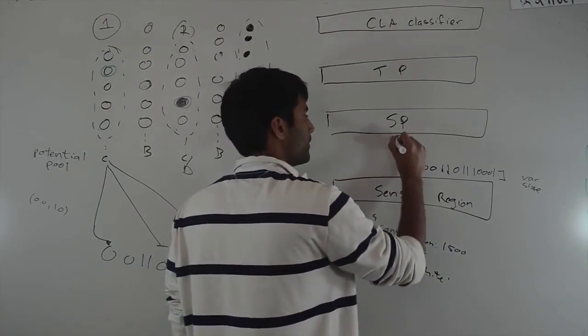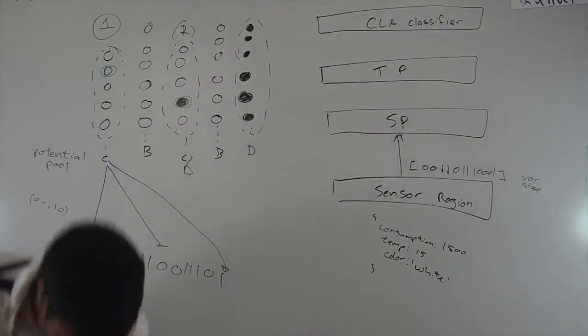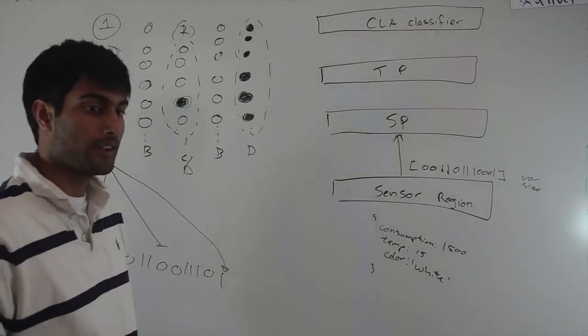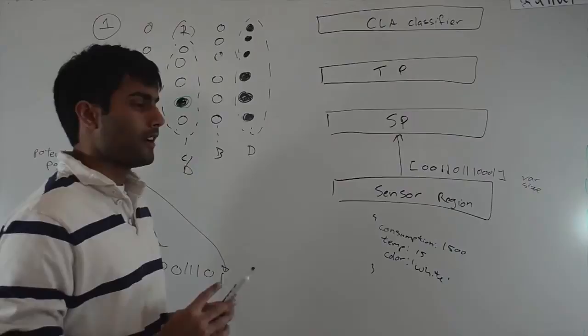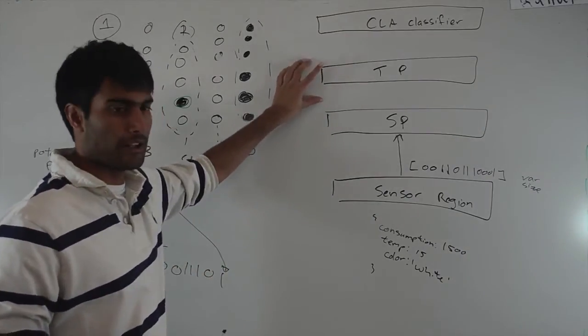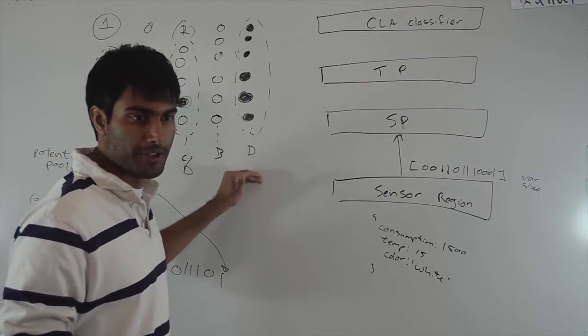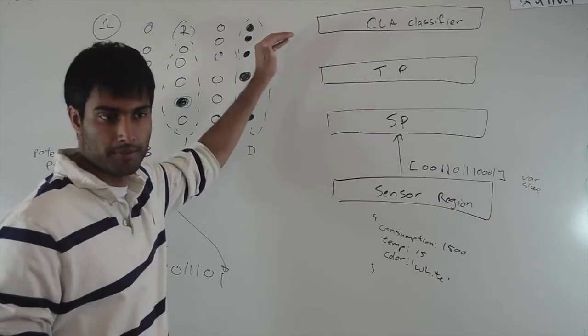Then we go to the spatial pooler. In our code base, in the CLA model, for modularity we have separated out the tasks of picking active columns versus picking active cells within the columns.